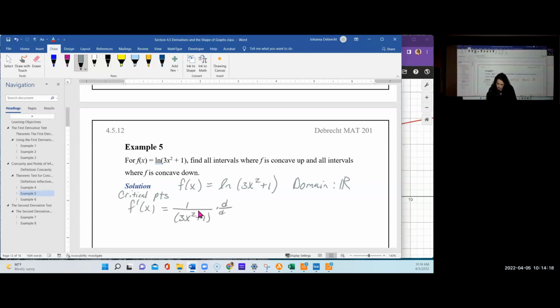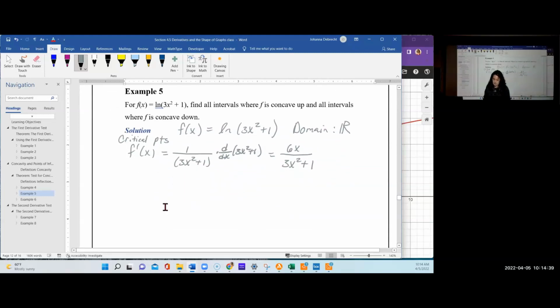So times the derivative of 3x squared plus 1. This is chain rule. So 1 over u du dx. That's the formula you need to memorize. So this is going to give us 6x over 3x squared plus 1. So that is our first derivative.